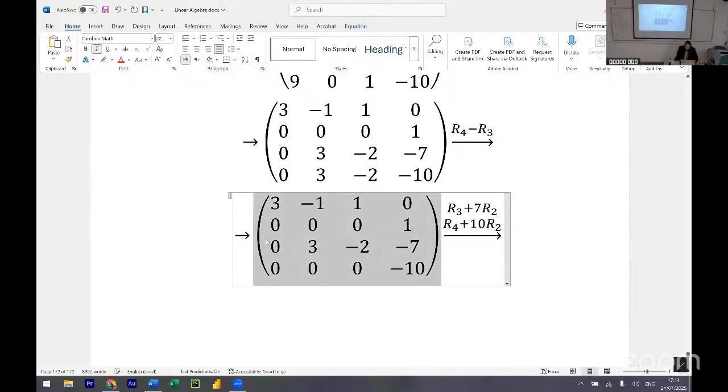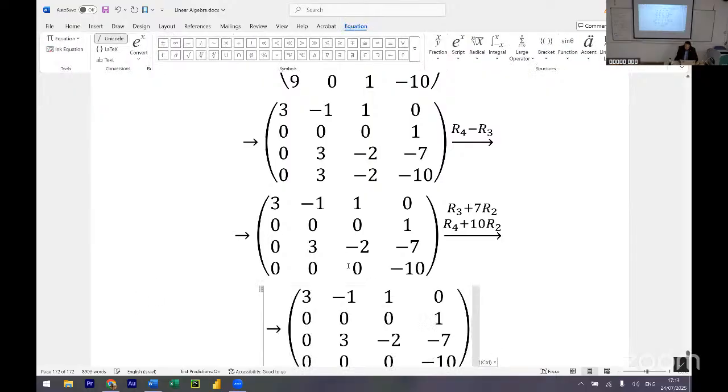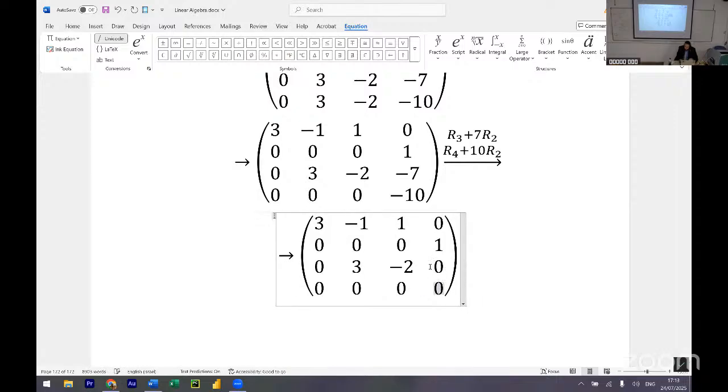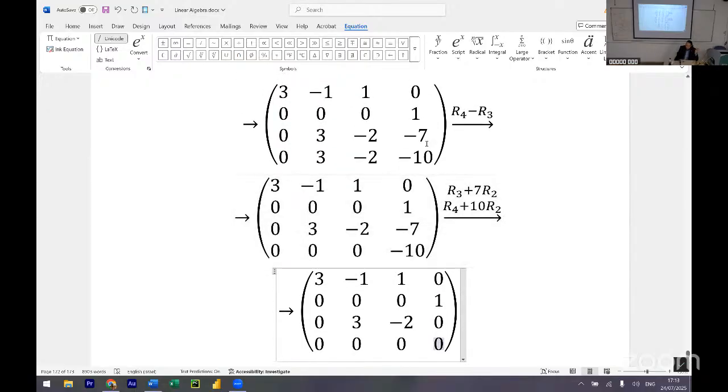That nullifies the 7 and the 10. And why are the 7 and the 10 so unimportant? Because W is 0, basically, yes.